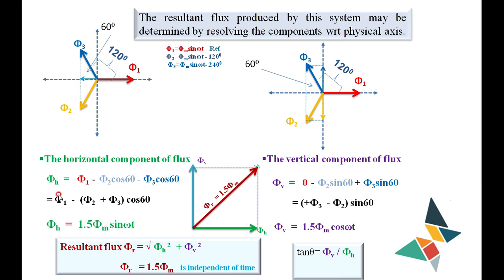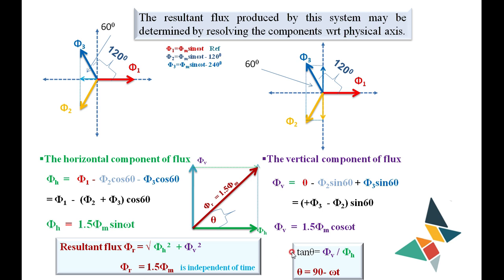Here 1.5 phi m gets cancelled, and you get cos by sin, that is cot omega t, which can be converted into tan of 90 minus omega t. Both sides are tan functions, therefore theta is equal to 90 minus omega t. That is, the resultant makes an angle theta with respect to the reference given by 90 minus omega t.